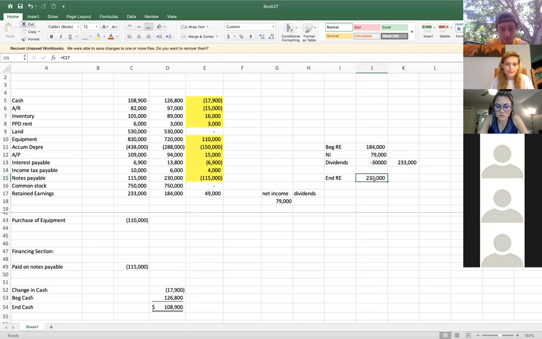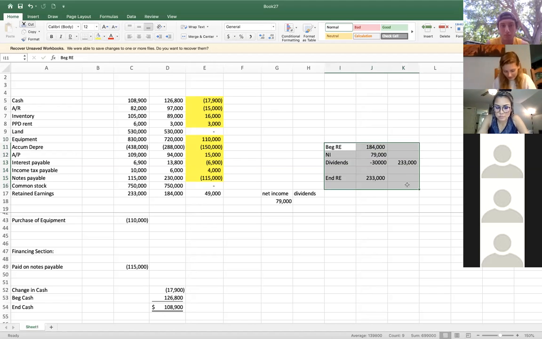So do you see number 5 in the additional information where they gave you that dividends were 30,000? Do you need to be given that information? No, you can figure it out because you know this. You learned this the very first week of the semester.